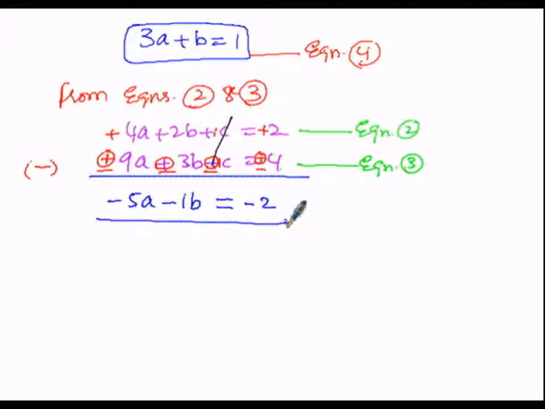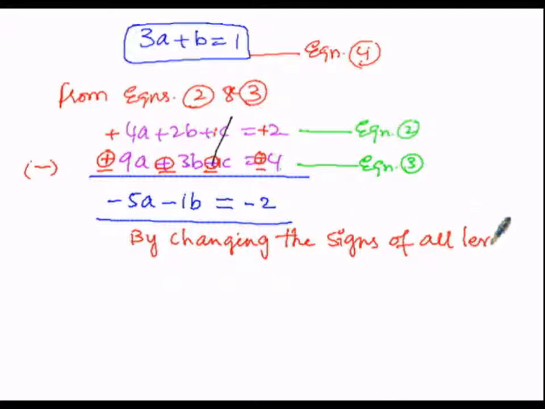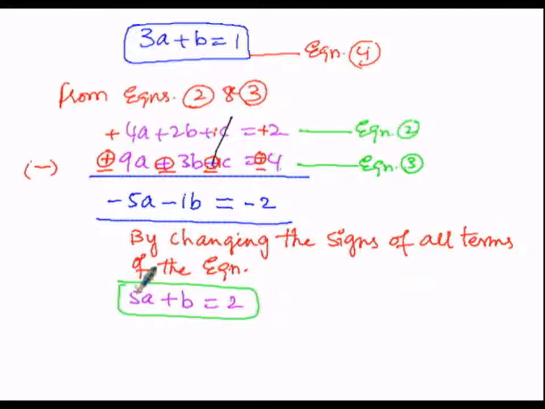So here by changing the signs of all terms of the equation, then we have minus 5a becomes plus 5a, then minus 1b as plus 1b, equals to minus 2 as plus 2. So in this manner I got 5a plus b equals to 2 as equation number 5, the earlier one being equation number 4.